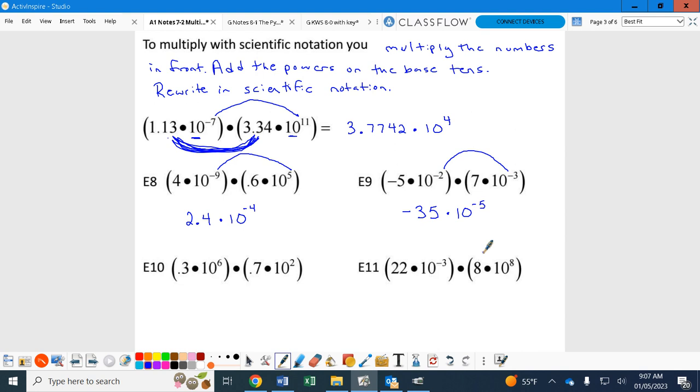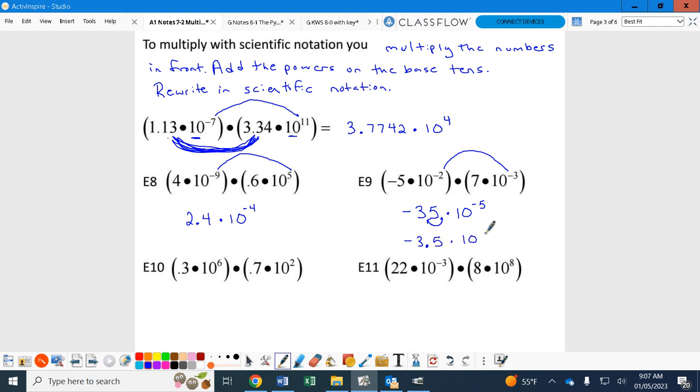How many are in front of our decimal right now? 2. The decimal point is at the end of the number when there's no decimal. We need it to be right here. So we're going to draw our decimal point and put an arrow and go over one place, and we're going to make that negative 3.5 times 10 to the, don't write the power yet.